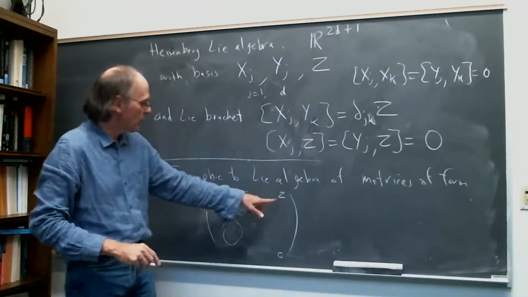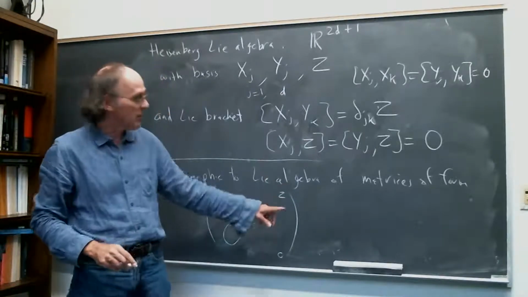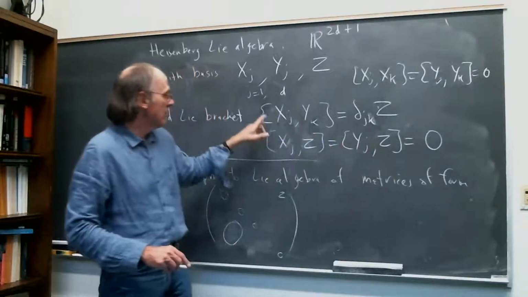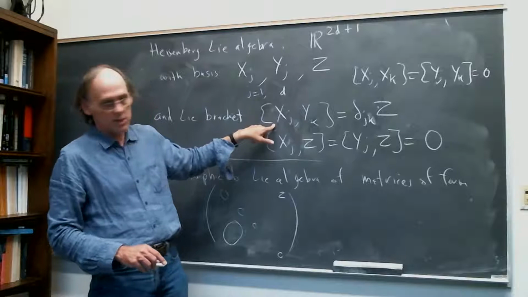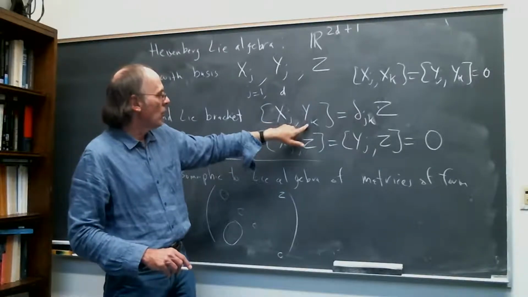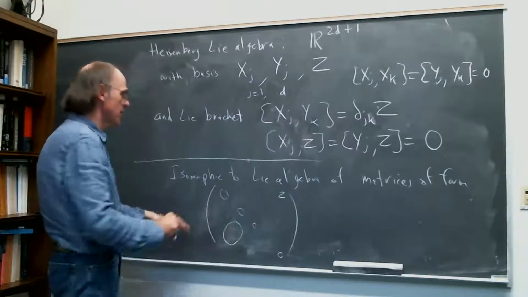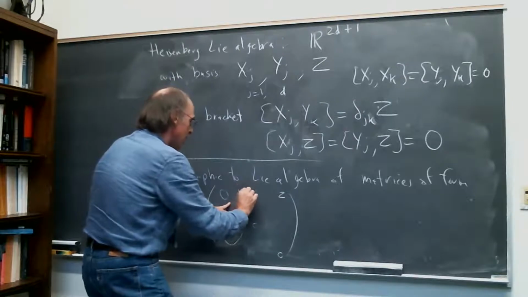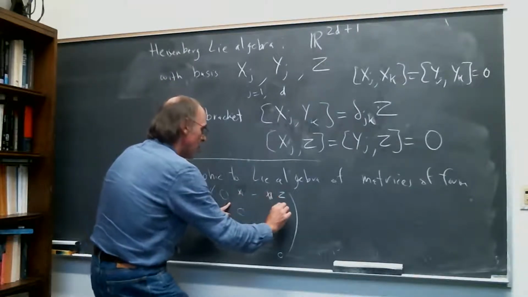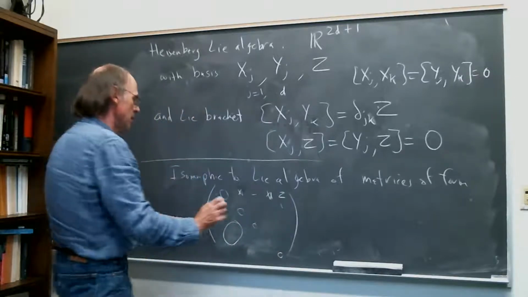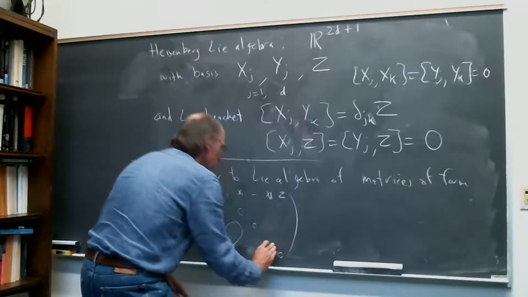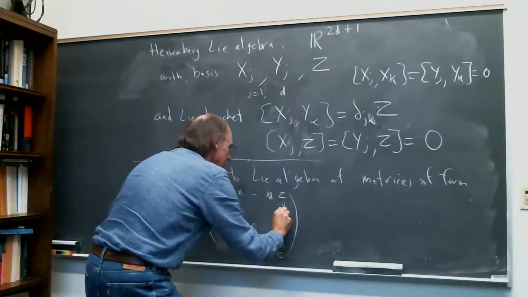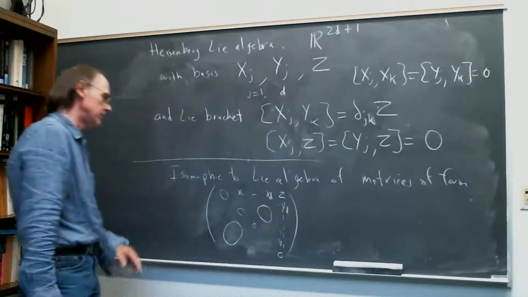So when I'm writing small, an arbitrary element of the Lie algebra will be something times big Z plus something times some small xj times the big Xj's plus some small yj times the big Yj's. And this will give you some vector: small x1 up to xd and small y1 up to yd, and then zeros in here.